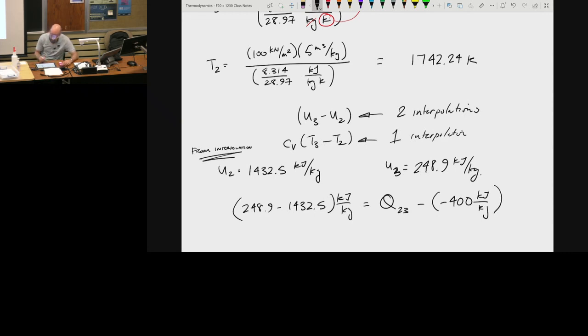And so we know that Q23 is going to be equal to 248.9 minus 1,432.5 minus 400. We get that value is equal to minus 1583.6 kilojoules per kilogram.